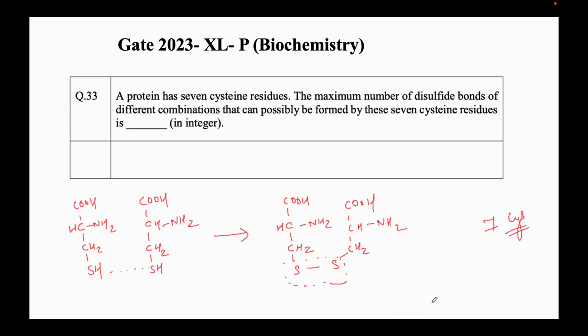And what is the maximum number of disulfide bonds that could be formed in different combinations? So how can we possibly have different combinations of disulfide bonds within these 7 cysteine molecules in the same protein?